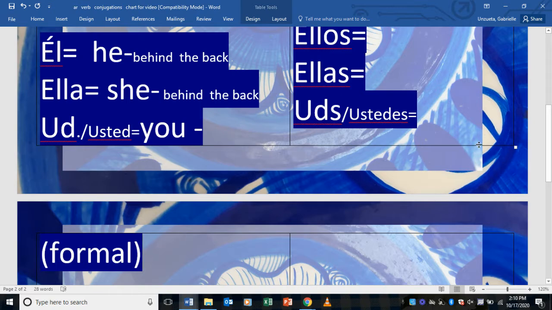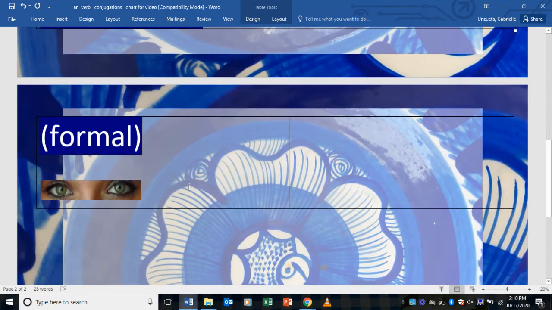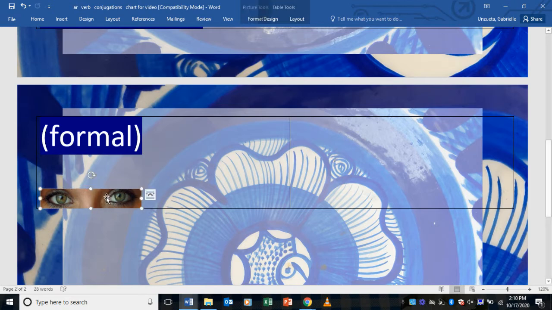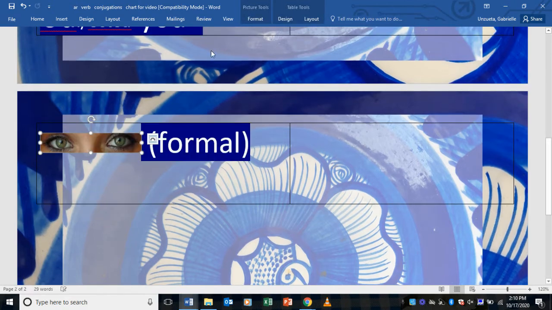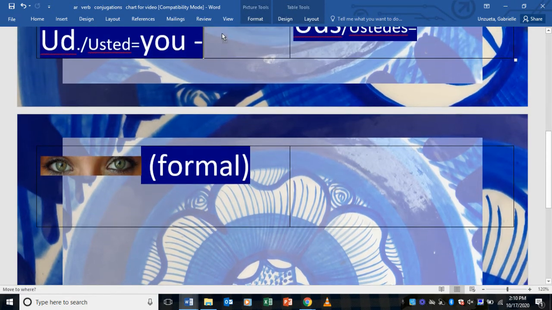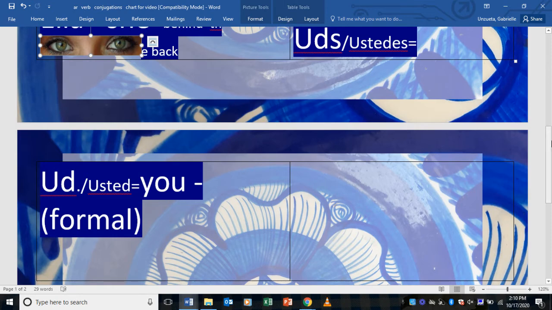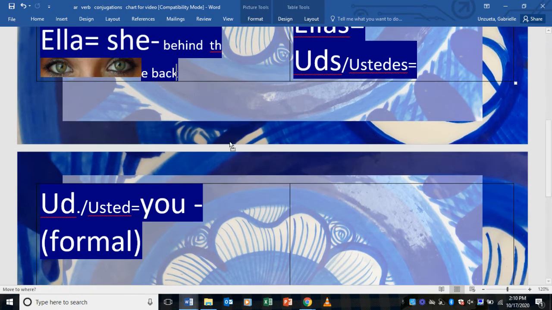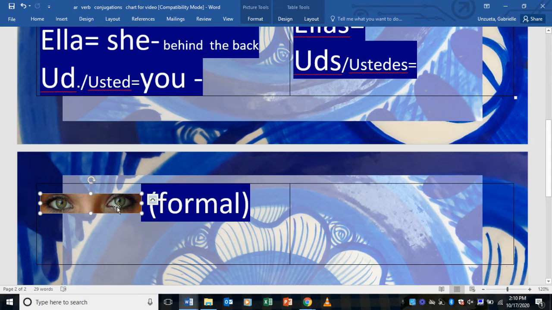Do you see these eyes right here? I'm going to bring them up to where I want them. When you use usted, you are looking at the person and you're saying, hey, how are you today? Where are you going? Right? There's direct eye contact going on. So we're going to draw the eyeballs.